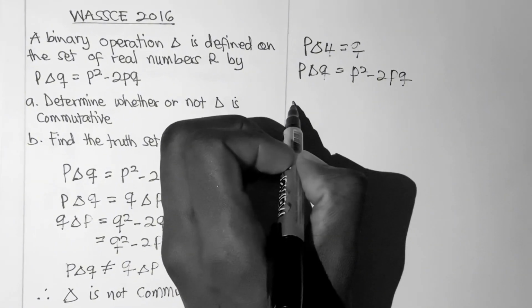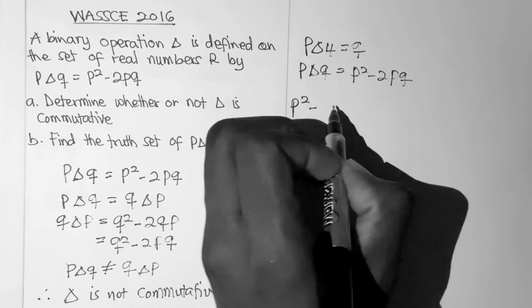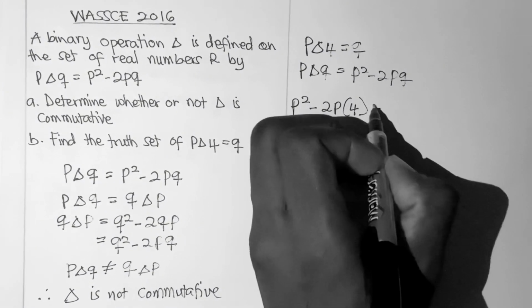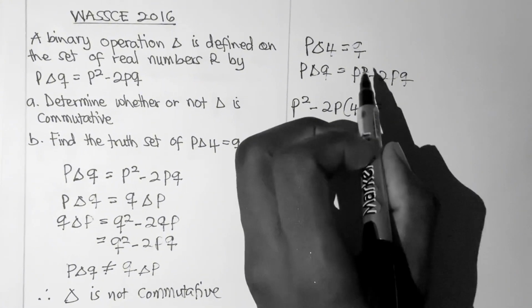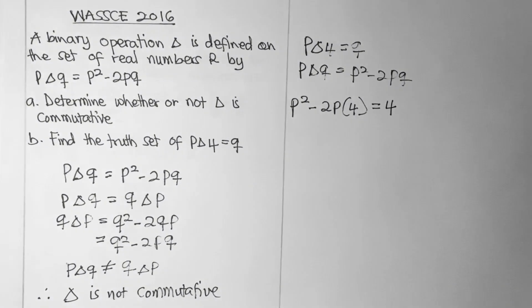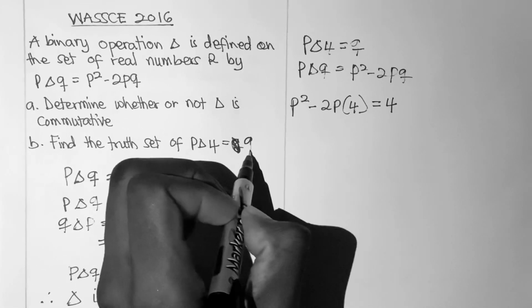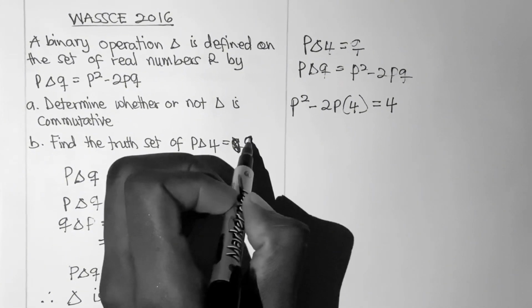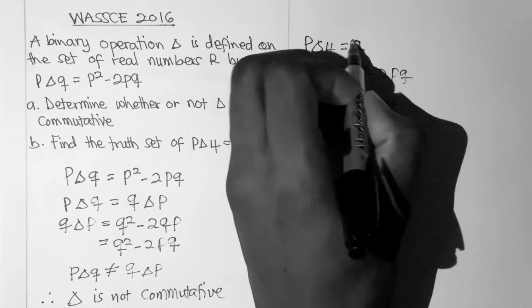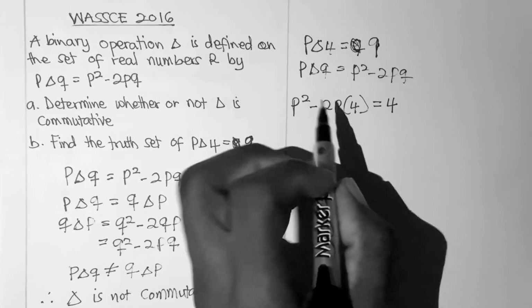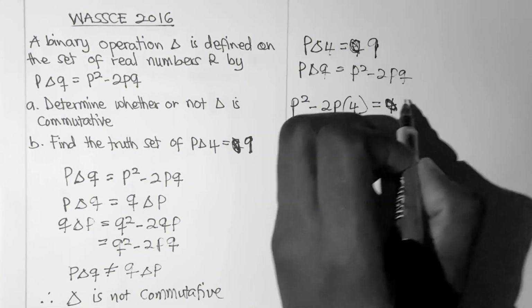So this becomes P squared minus 2P times 4 equals 9. Sorry, I wrote the wrong question. Here it is 9, not Q. Please pardon me. So P operation Q equals 9, and therefore here is supposed to be 9.